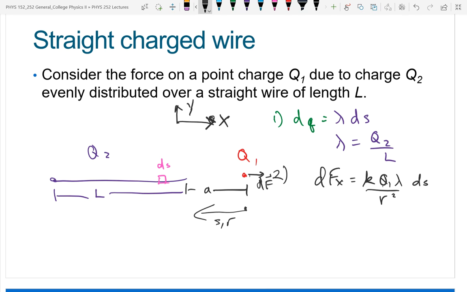And because I'm just willy-nilly making my directions, I could once again have made a sign error. That's why it's really important that the problems have you draw the dF vector first. Actually, the problem has you draw the dE vector.